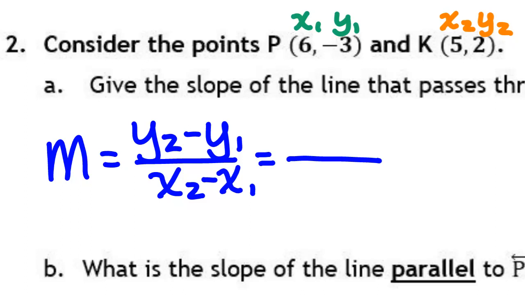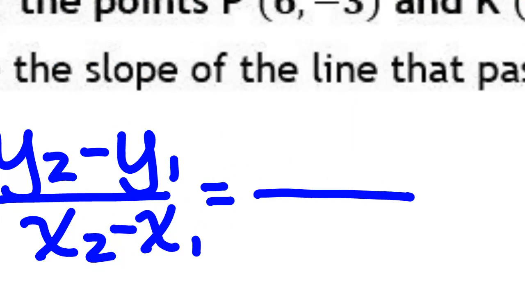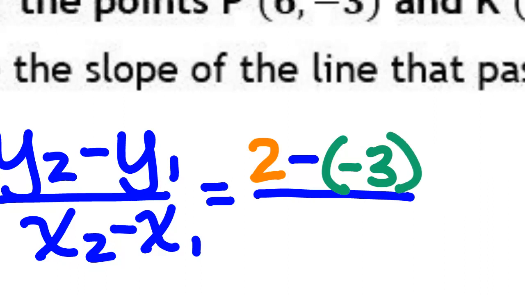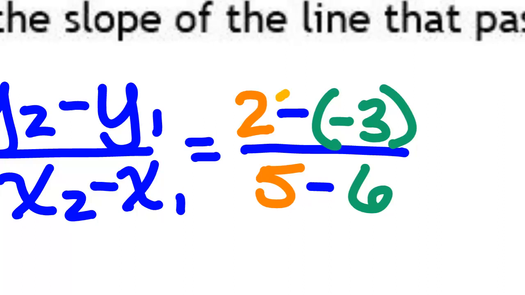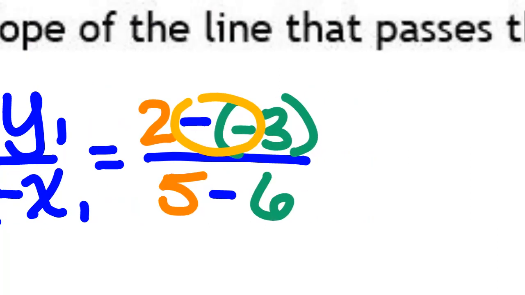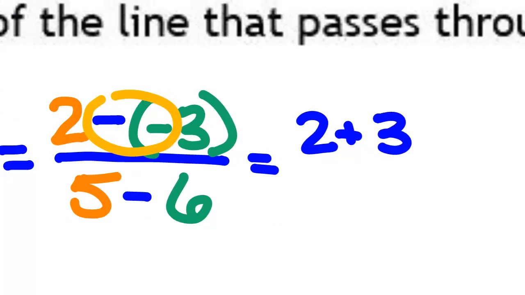So remember and write down your slope formula. Y goes up on top, so I'd have 2 minus what? -3. 2 minus -3 in my numerator. And then down in my denominator, I have 5 minus what? 5 minus 6. So up in my numerator, because I'm subtracting a negative here, this turns into 2 plus 3.